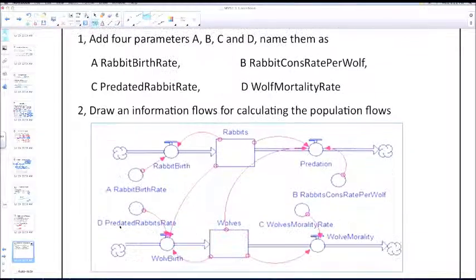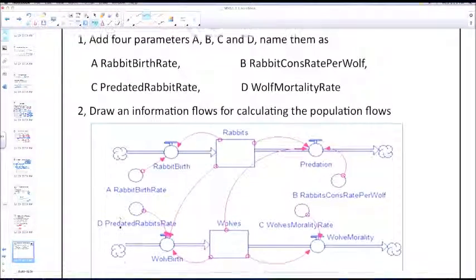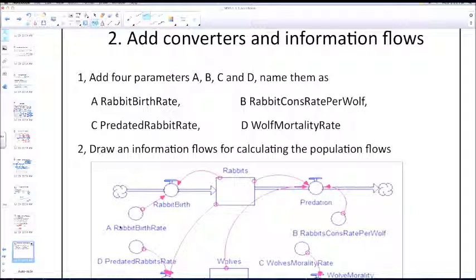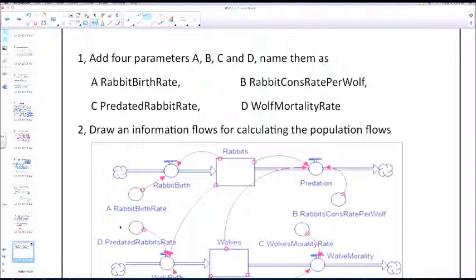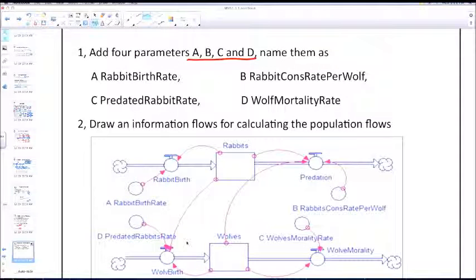And the second step, we're going to put in the converters, which are the source of information, or say the four parameters. And for those four parameters, we follow two different conventions here. One convention is the mathematics convention. We call it A, B, C, D for the conciseness of mathematical expressions.